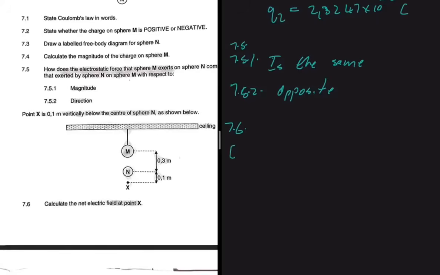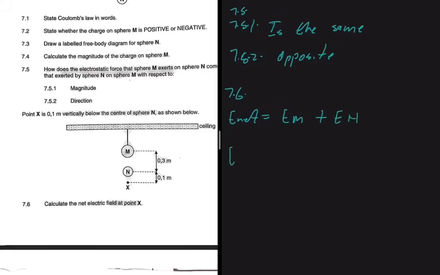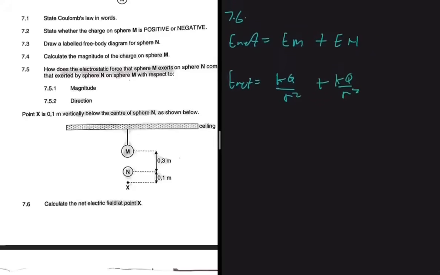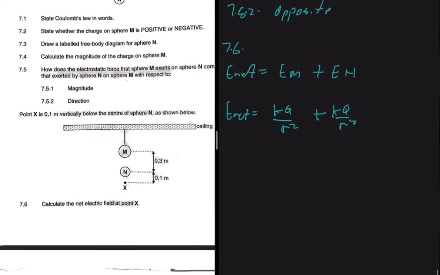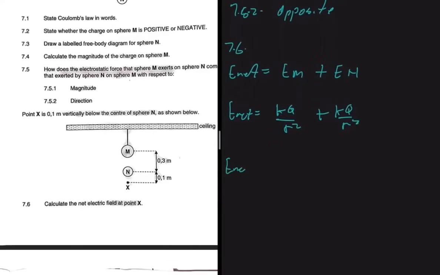So we're gonna say that E net, the net electric field, will be equal to the electric field due to charge M plus the electric field due to charge N, right? So E net is equal to KQ divided by R squared, plus KQ divided by R squared. But now let's go ahead and substitute.